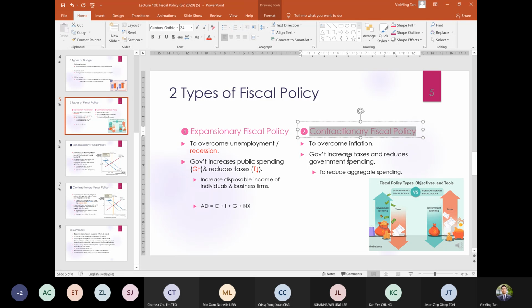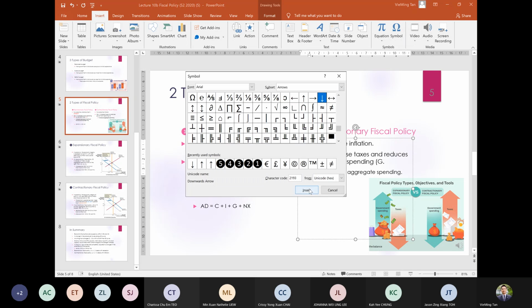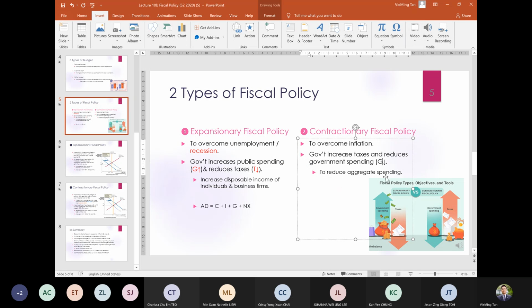So how to do so? The government can reduce the government spending, G. And at the same time, increase the tax.